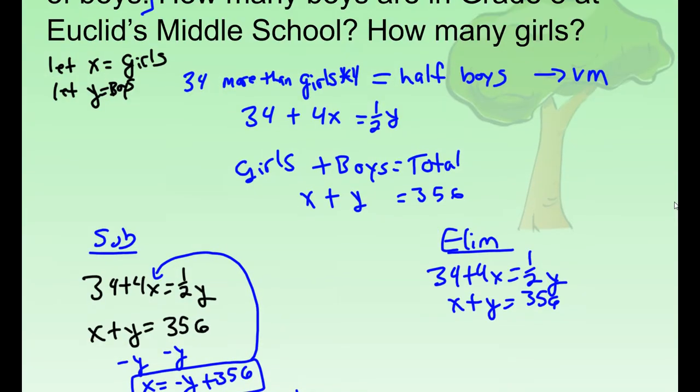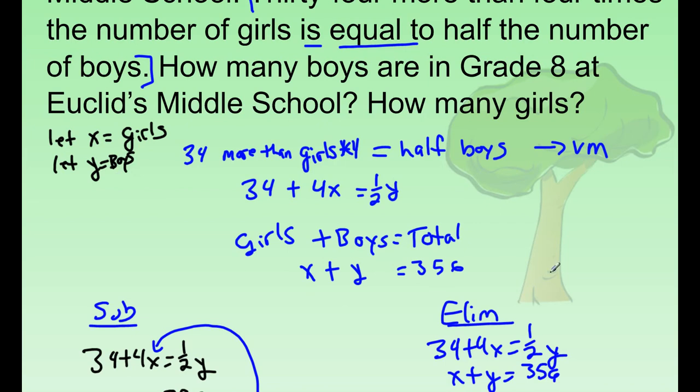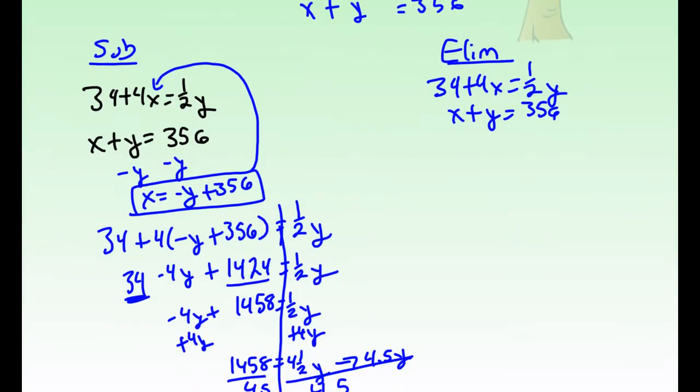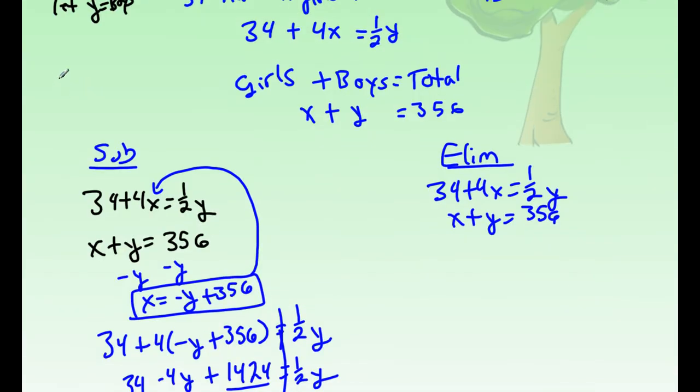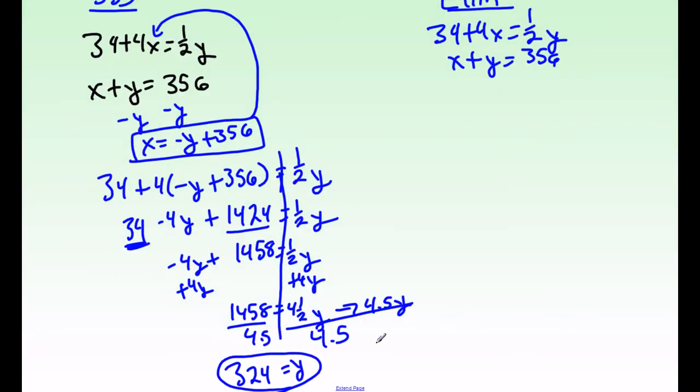What was the y? Y is boys. So there are 324 boys. Does not look like there's many girls. Because in our equation, x plus y was equal to 356. I'm using this one here.